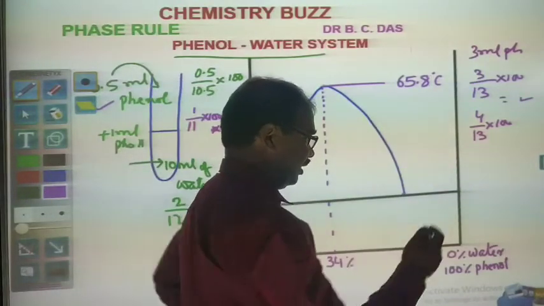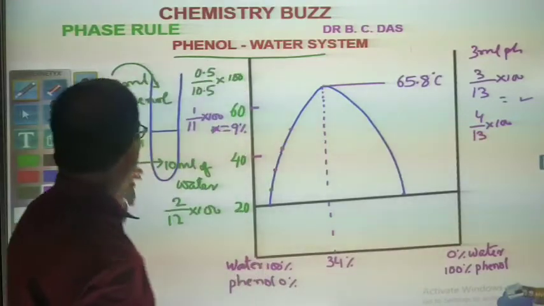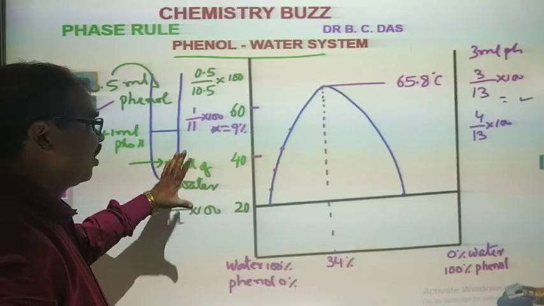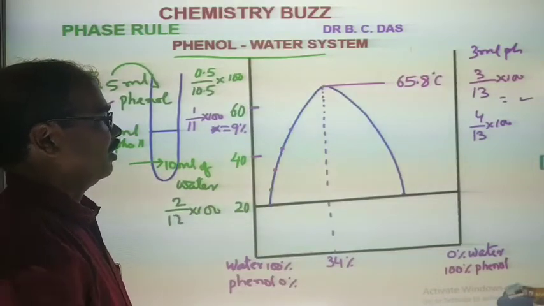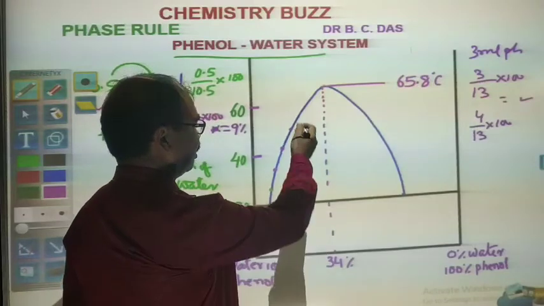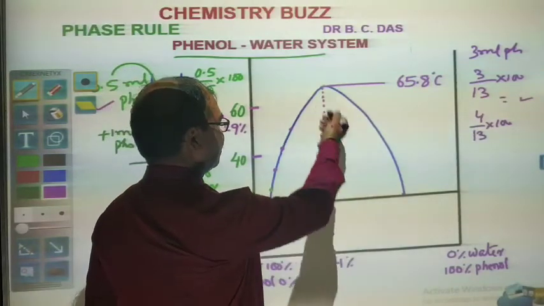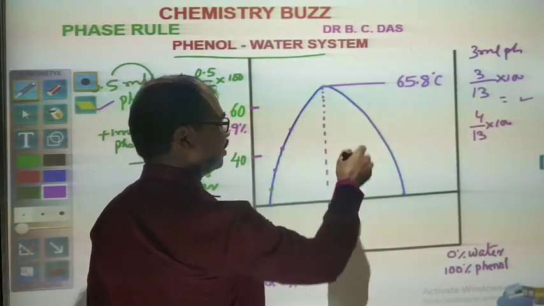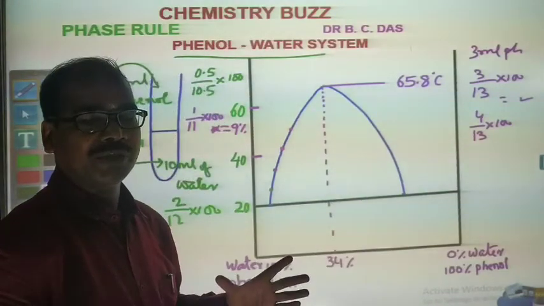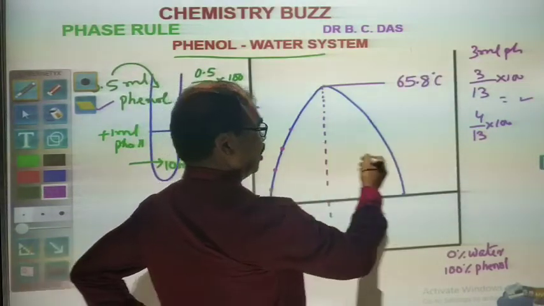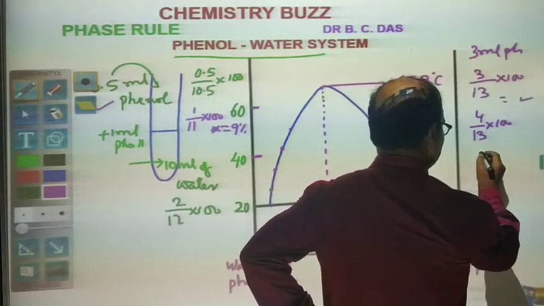Similarly, in this way, we will go on adding phenol to the water, and we see that as the temperature increases, at a higher temperature the two components become homogeneous, that means miscible. So let us add another ml.